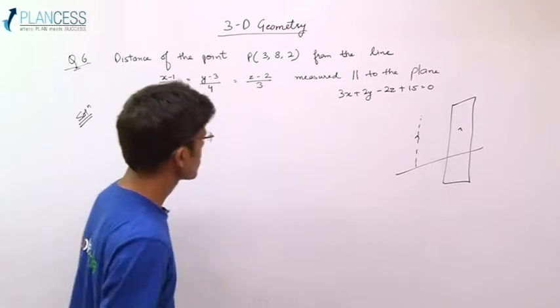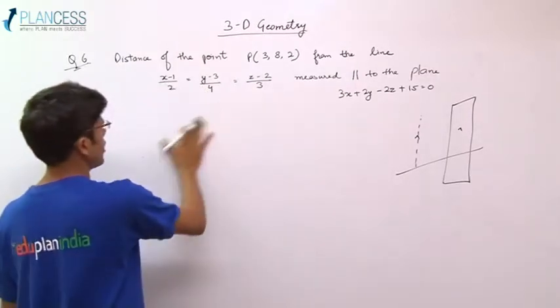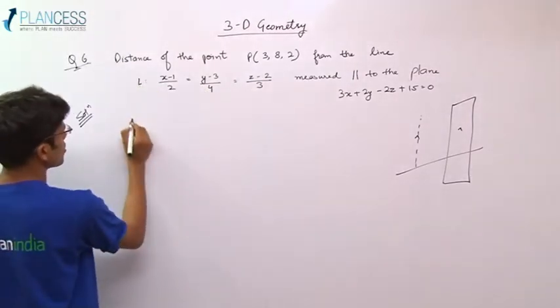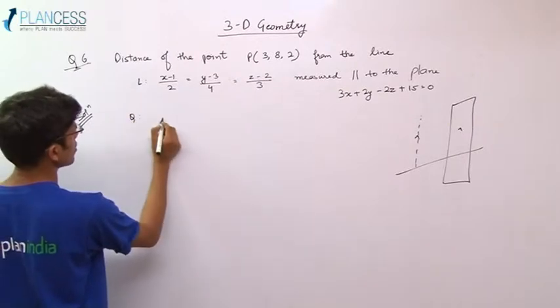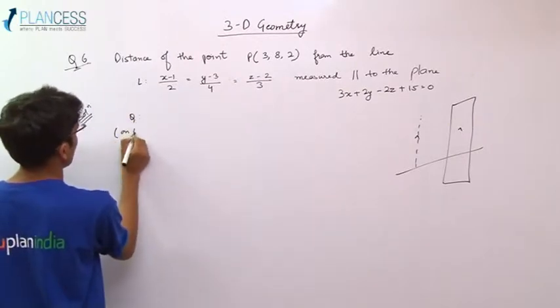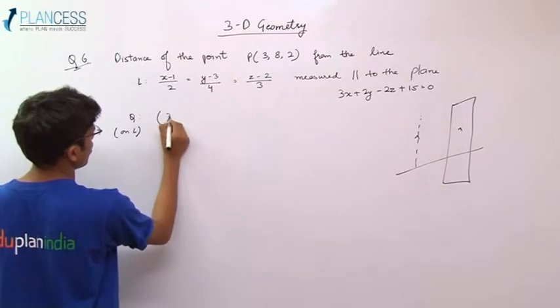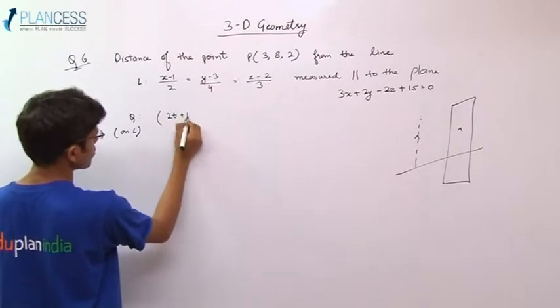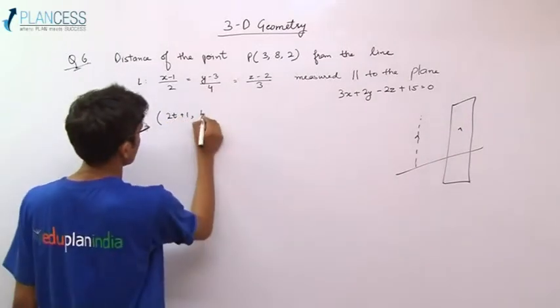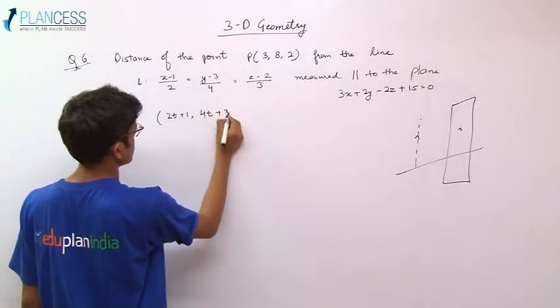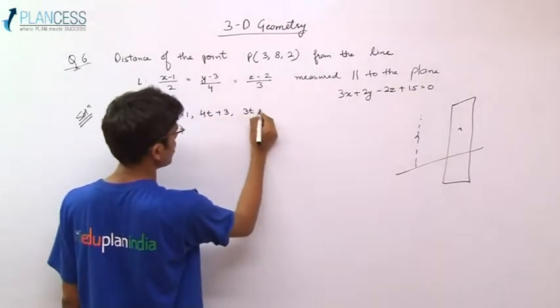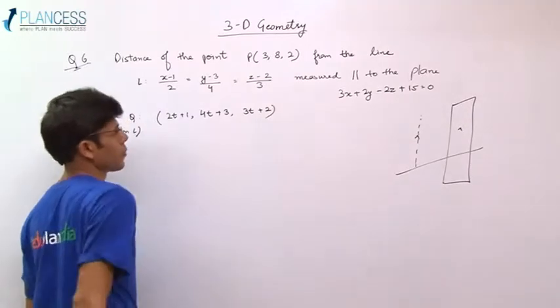So what I mean is, since this is the line, any point on this line, say Q on line L, is (2t plus 1, 4t plus 3, 3t plus 2), where t is a parameter.